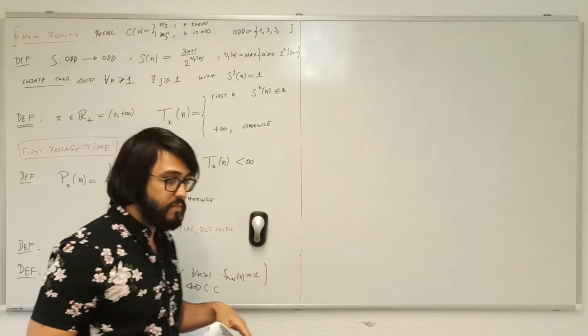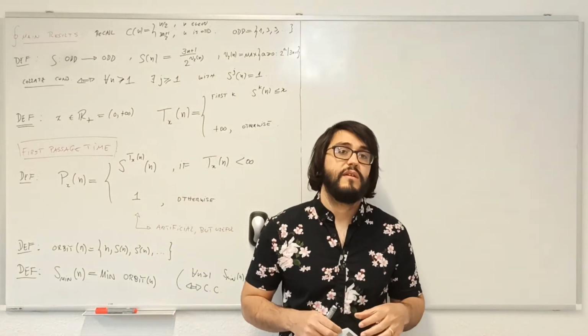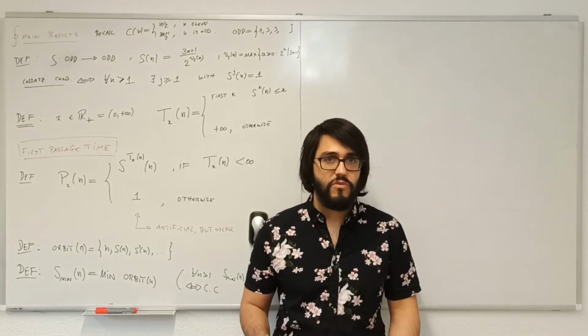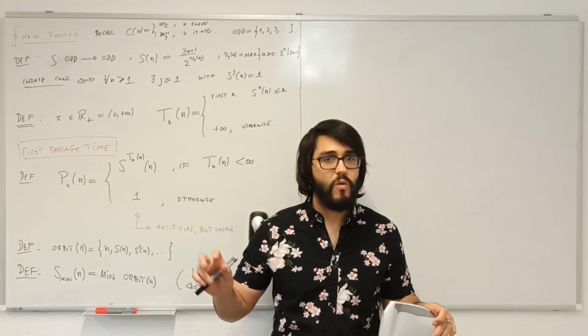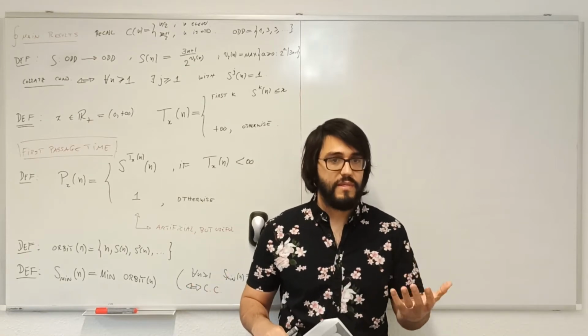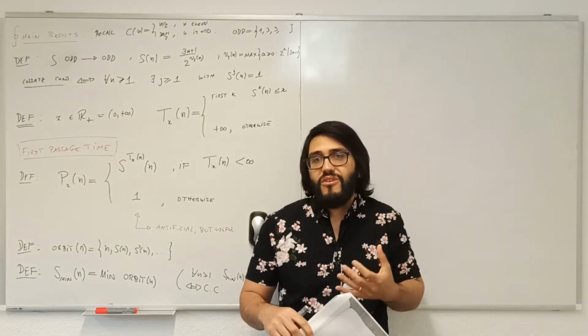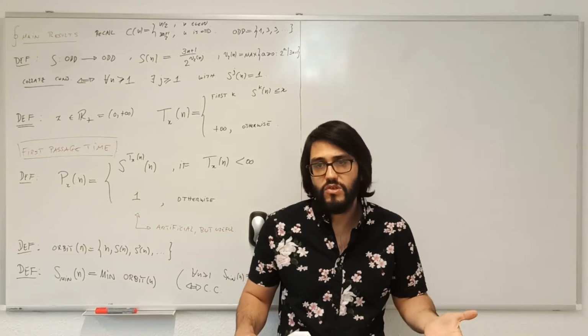Okay, what else? So Tao wants to prove a probability result. He wants to show that for almost all integers a certain thing happens. So this "almost all" has an implicit notion behind it, which is according to a certain density distribution, a certain probability distribution, if you wish.